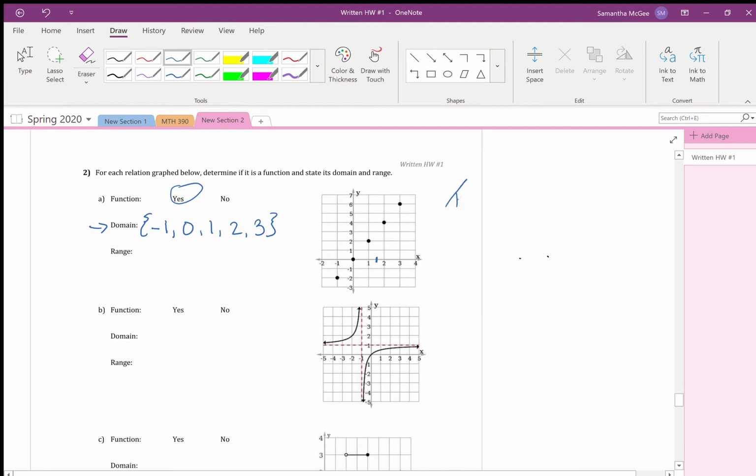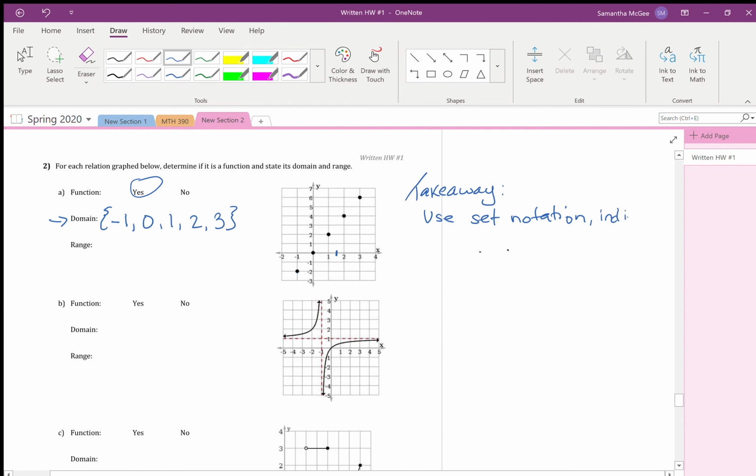So, again, the takeaway: we use set notation, which is usually indicated by curly brackets, to list distinct values in a set.